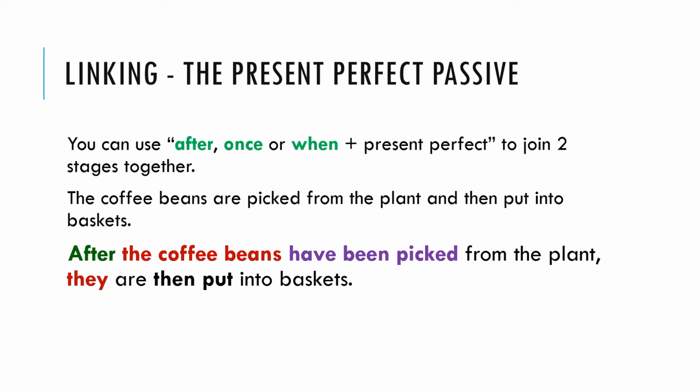So instead of saying the coffee beans, we're going to use they. Then we're sequencing, and pay close attention because then comes directly before the past participle. So we've got the present perfect and we've got the passive in the same sentence. We've got 2 forms of the passive. We've got the present perfect passive and the present simple passive.